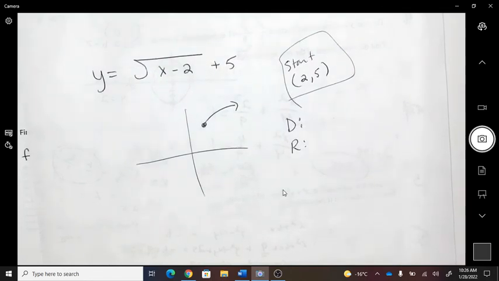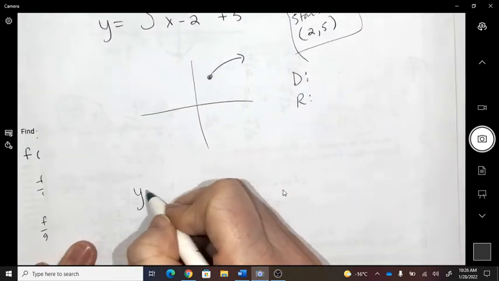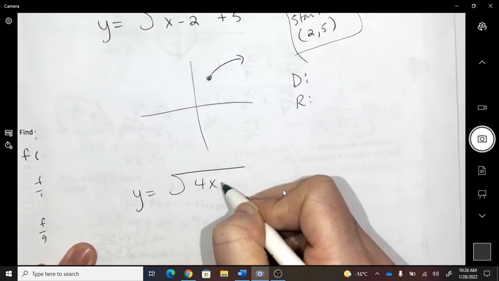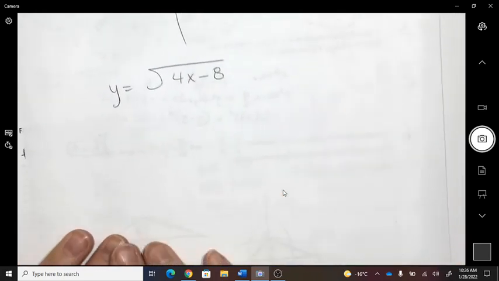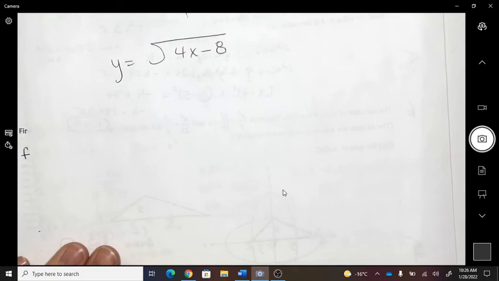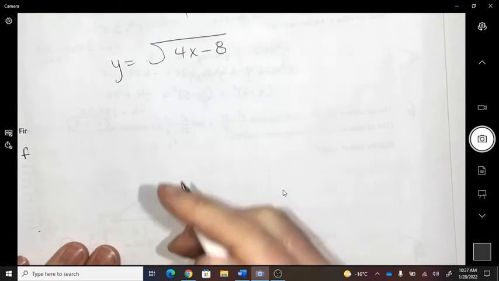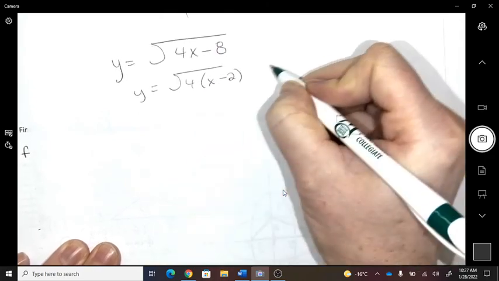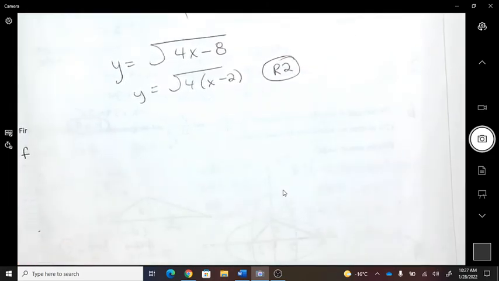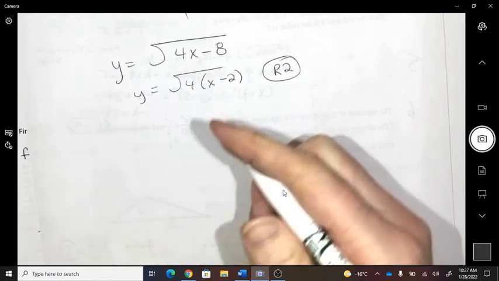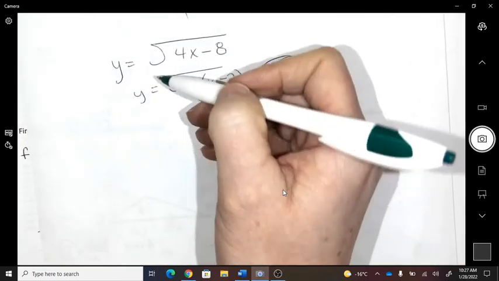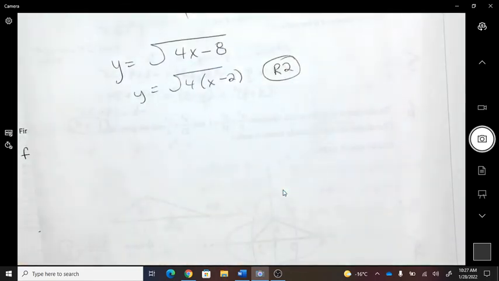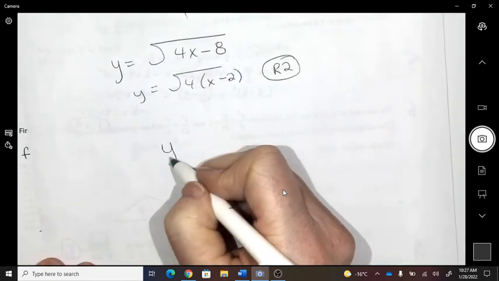Okay? Also remember radicals. What's wrong with a radical that looks like this if I want to do a transformation on it? My transformation should be right 2. Okay, so remember that. And then obviously radicals, I'm not sure if you run into this, but do you remember the negatives? Which way flips?